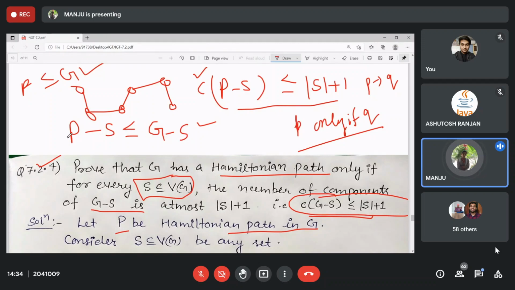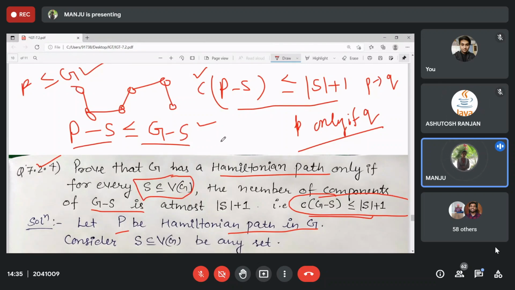Because the number of vertices is the same. It is spanning here and spanning there, right? So this is a spanning subgraph of this one. So we can form G minus S by adding some edges to P minus S. Yes, we can, because the number of vertices is the same, and the edges may be different, right? Clear? Yes, ma'am.